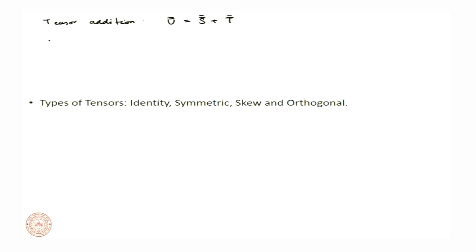All right. Tensor product. So a vector can be formed from a tensor. This we have already talked about. We can also have a product of two tensors. So for example, A tensor is equal to B tensor dotted with C tensor. We have to keep in mind that tensor products are not commutative.